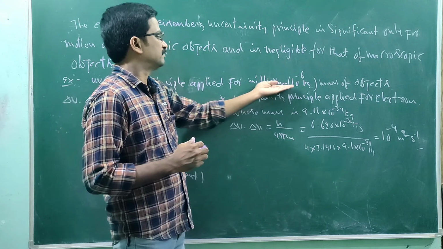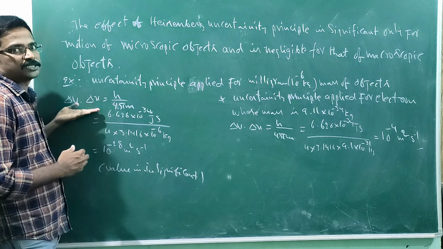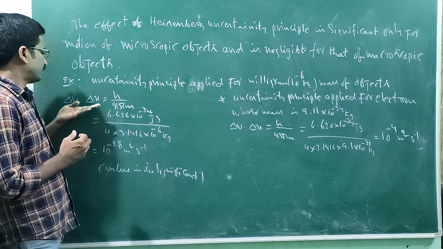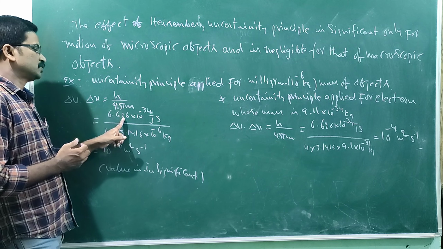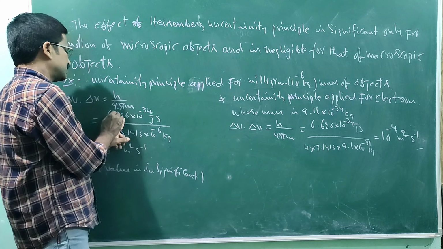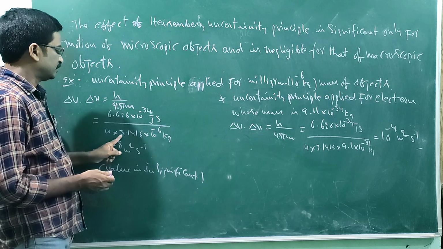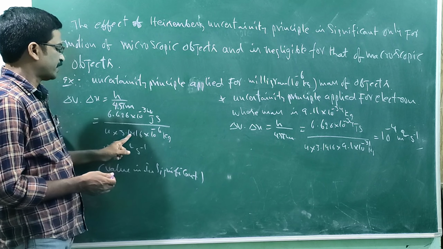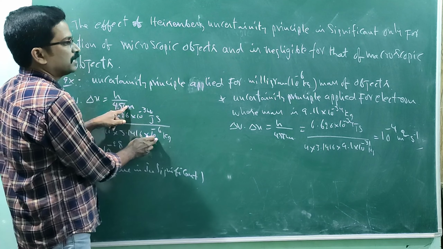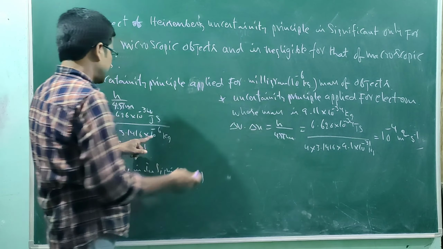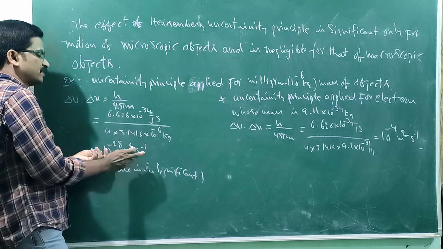Substituting the value of h, 6.626 into 10 to the power of minus 34 joule second, divided by 4 pi, where pi is 3.1416, times the mass of the object, 10 to the power of minus 6 kg, they get 10 to the power of minus 28 meter square per second.